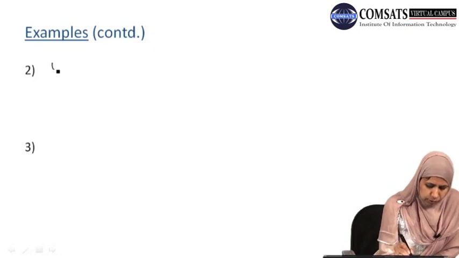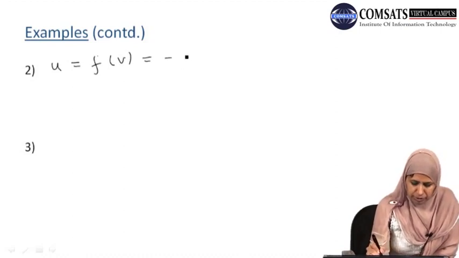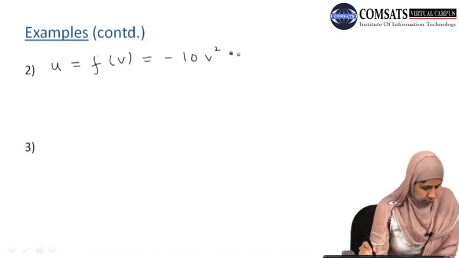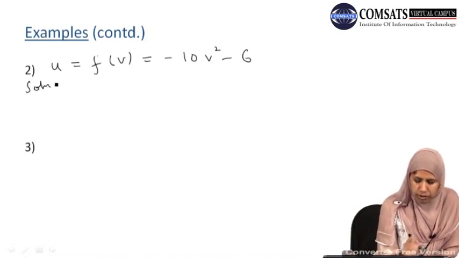We have a function u equals to f of v given as minus 10 v square minus 6.